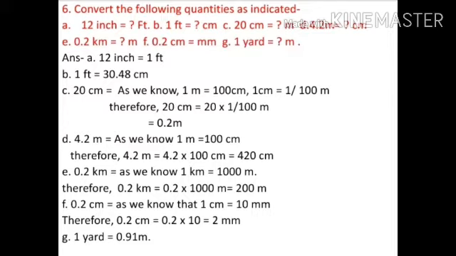Number D, 4.2 meter equals 420 centimeter, and the calculation is given. Number E, 0.2 kilometer equals 200 meter, and the calculation is also given. Number F, 0.2 centimeter equals 2 millimeter, and here also the calculation is given. Next, number G, 1 yard equals 0.91 meter.